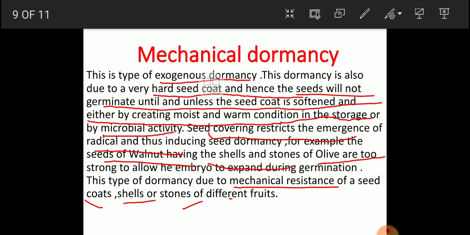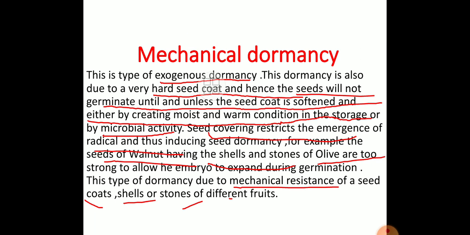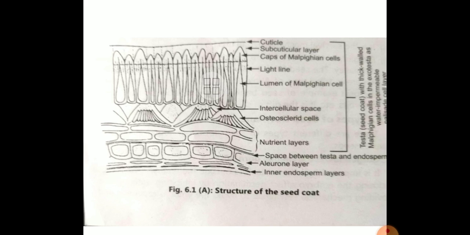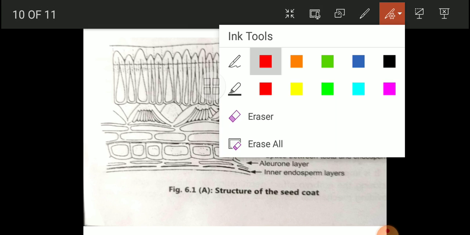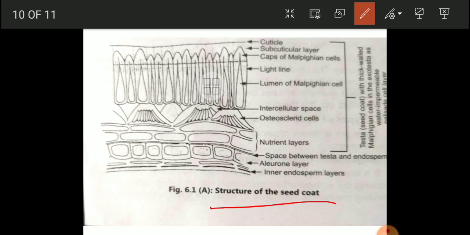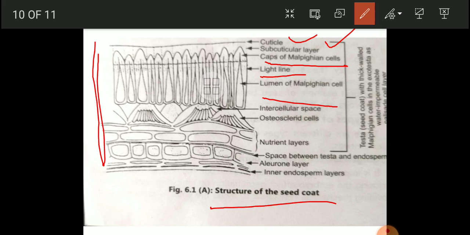Now, as I have already said to you, here we will be able to see the structure of a seed coat. In this we will find the cuticle, subcuticular layer, caps of Malpighian cells, light lines, and the lumen of the Malpighian cells, isn't it?